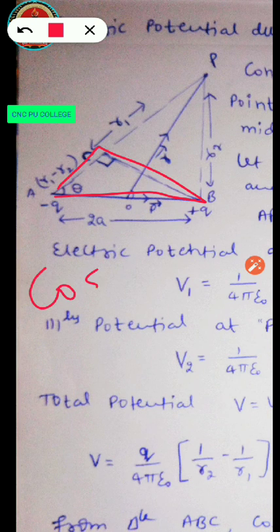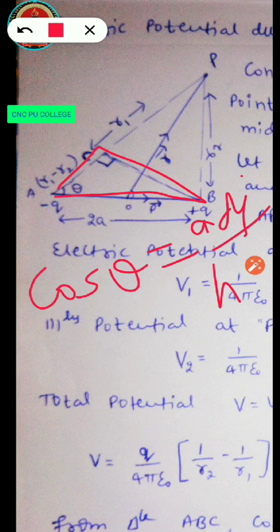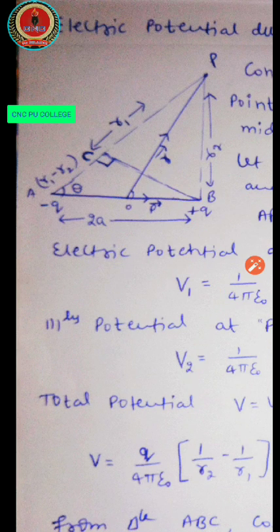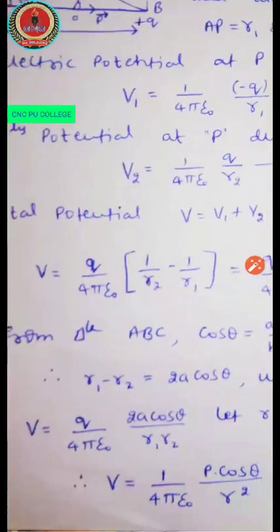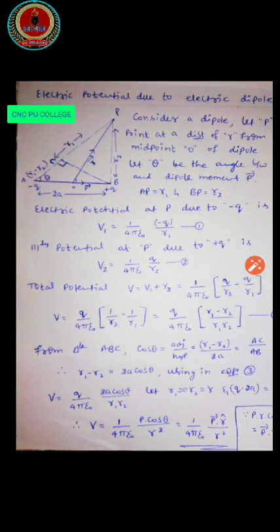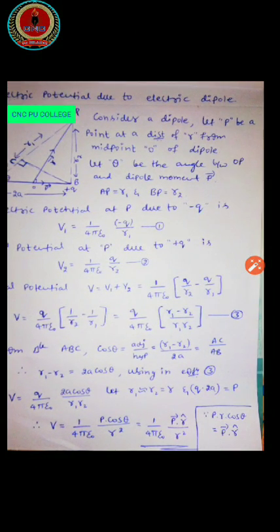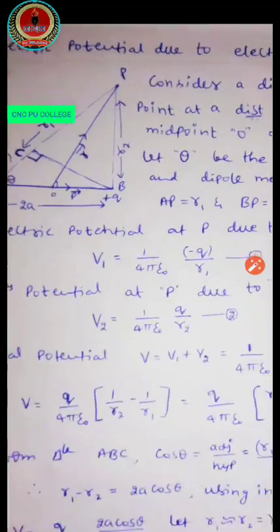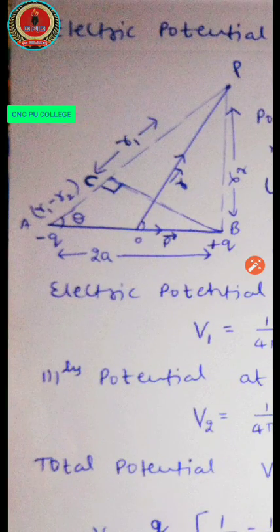So we know that cos theta is equals to adjacent by hypotenuse, right? So here, from the triangle ABC, cos theta is equals to adjacent by hypotenuse. Adjacent is nothing but AC, hypotenuse is nothing but AB.